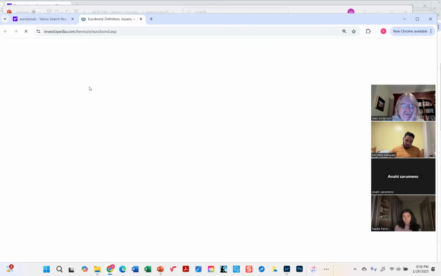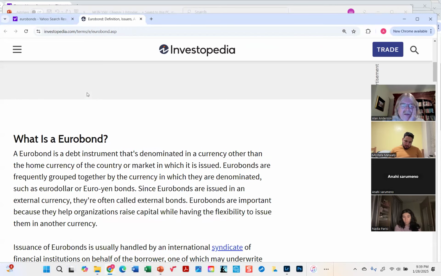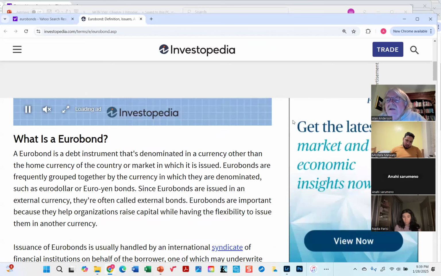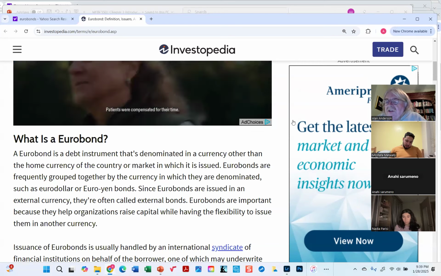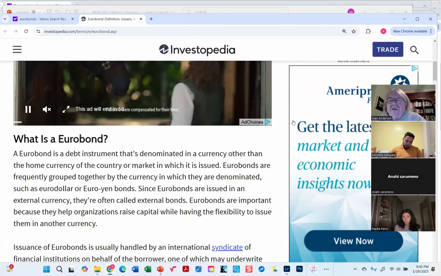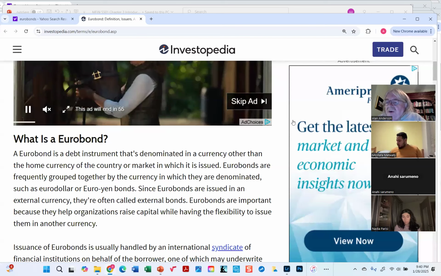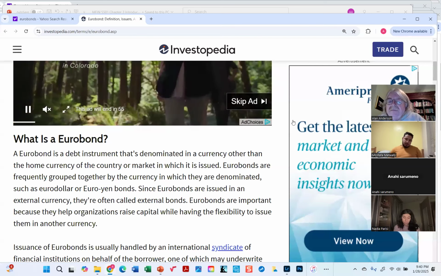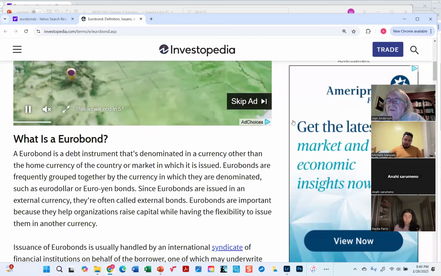For example, let's say you are Volvo, which is a Swedish company, and you build some of your cars in the United States for the American market, but you need to borrow money, but not dollars.